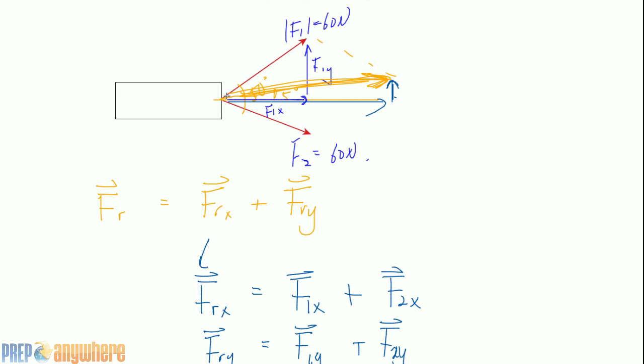F2y is just this. So F2x, this is F2x. Actually, let me use a different color. This one. And then that right there is F2y. That's F1y, and this one right here would be F1x, I mean, and then y.